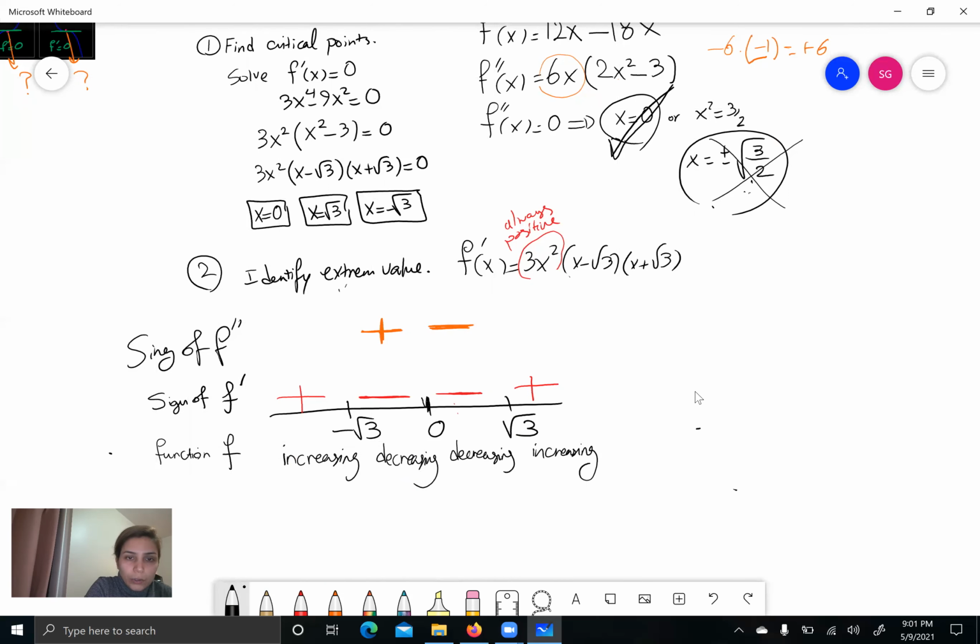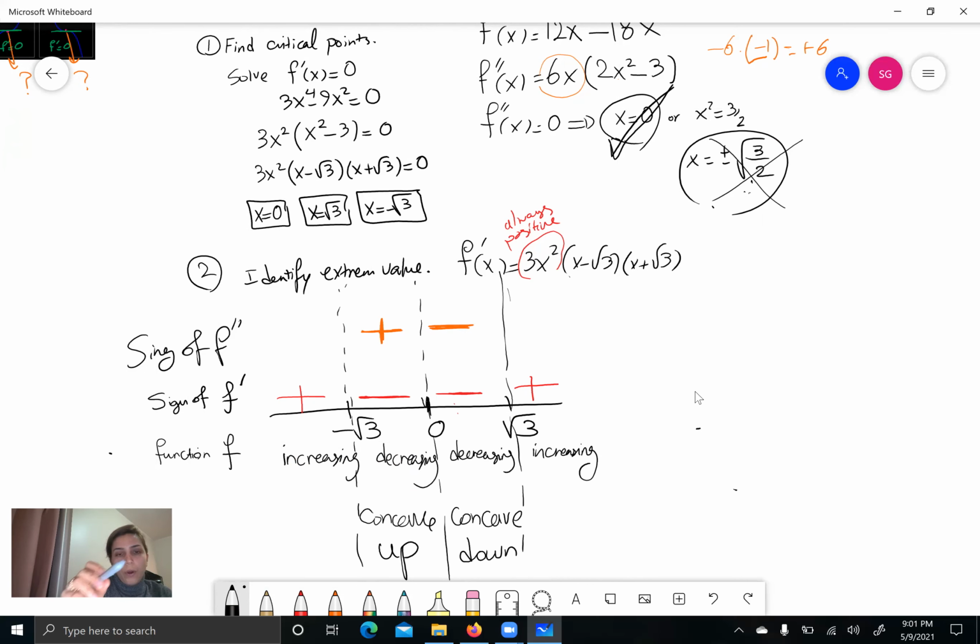I also want to write about the concavity of the function because we want to draw the graph. So far I know that here the second derivative is positive, so it's concave up. Here it is negative, so it's concave down. Okay, what about the rest?